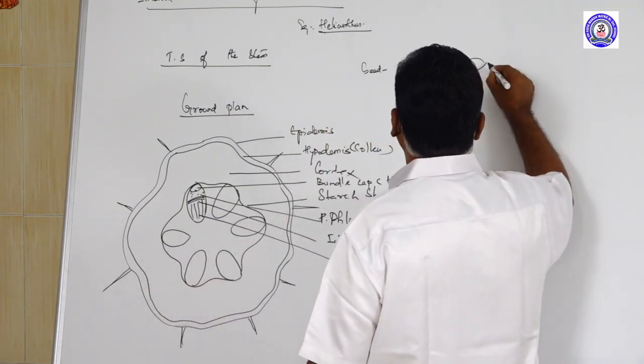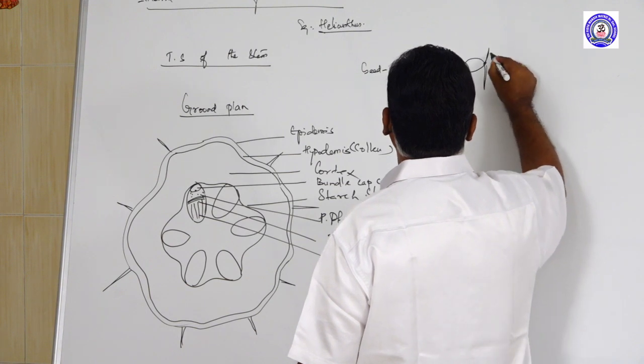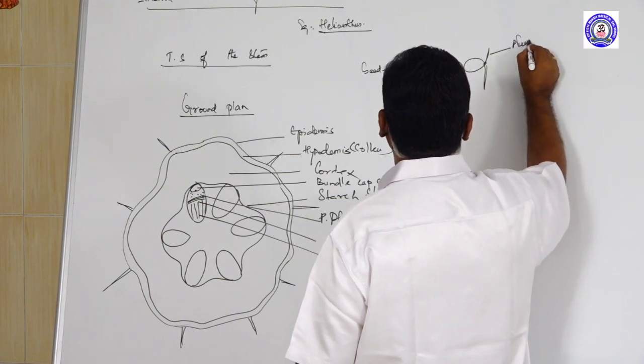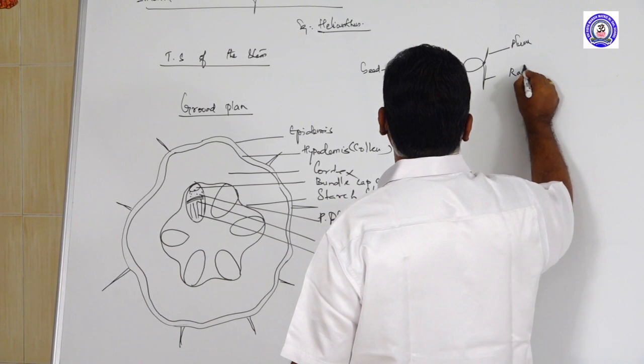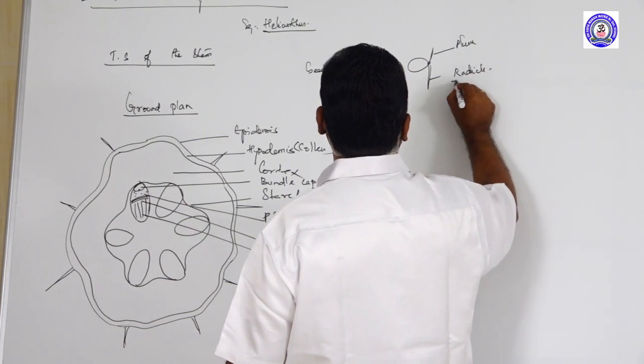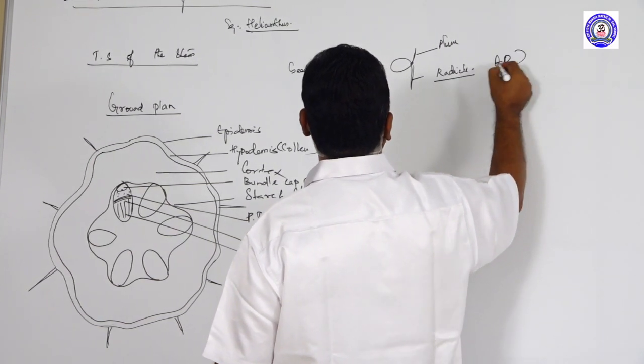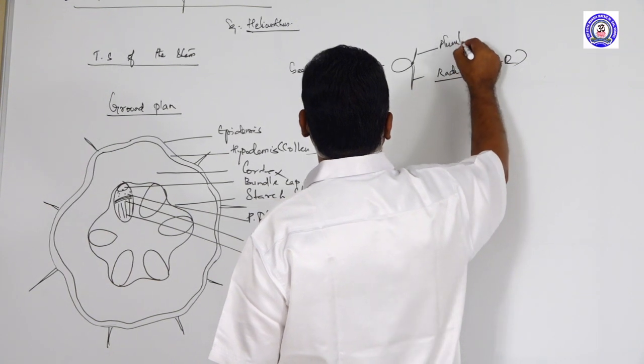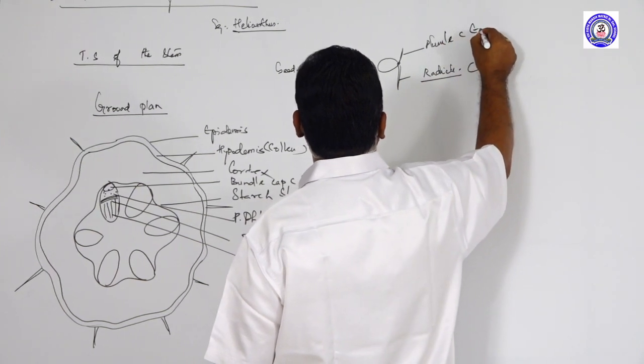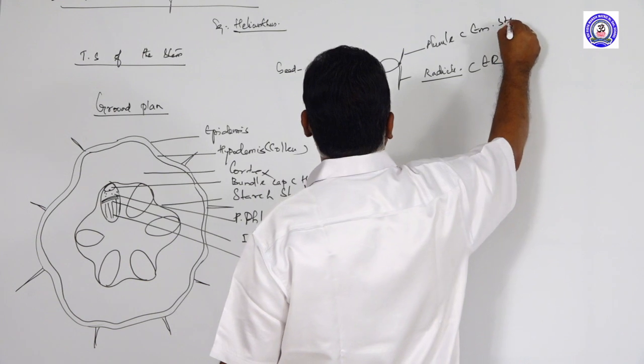The seed produces two structures, plumule and radicle. Radicle is the embryonic root, plumule is the embryonic stem.